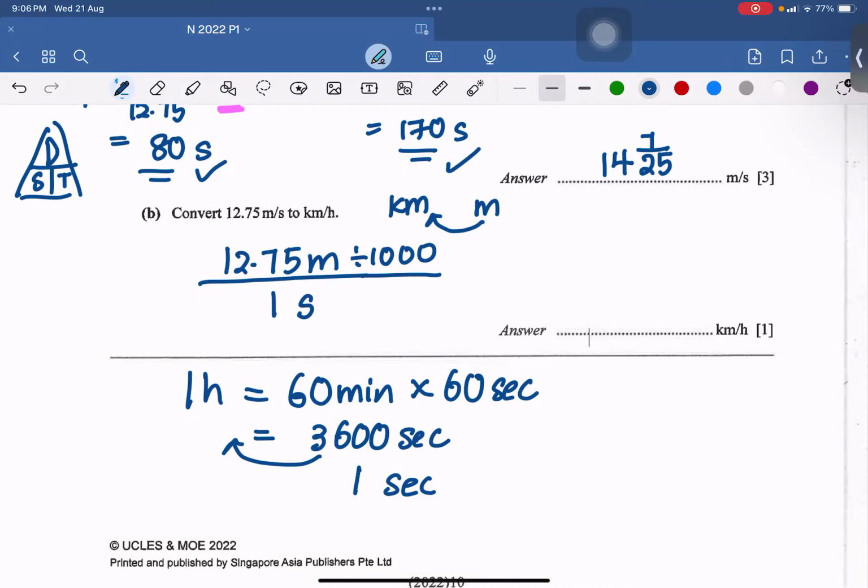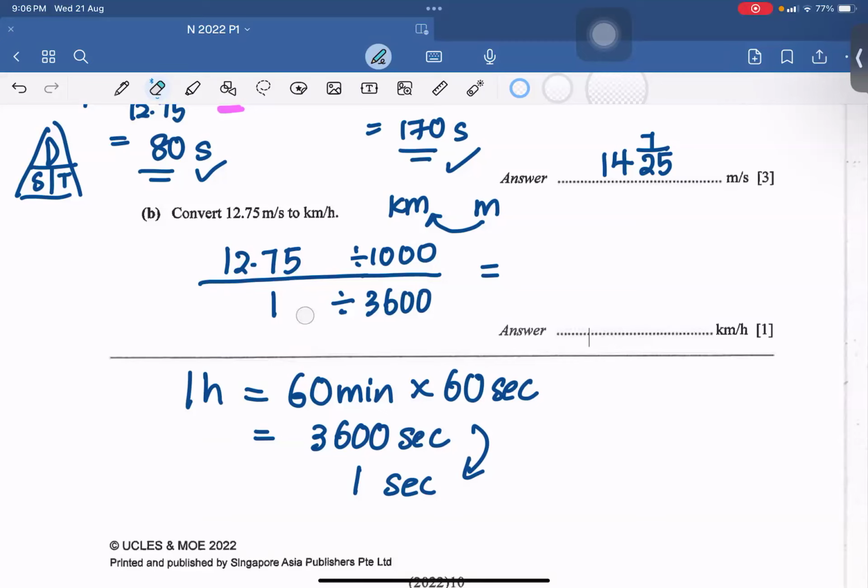Which one? Multiply? Huh? I want to find 1 second. From here, how to get 1 second? I'm going to divide by 3600, to change it to hours. I'm going to write this away.